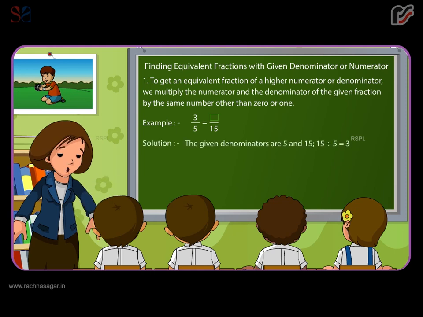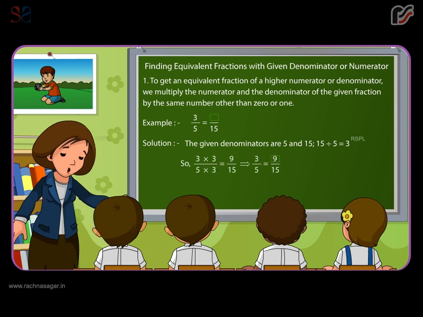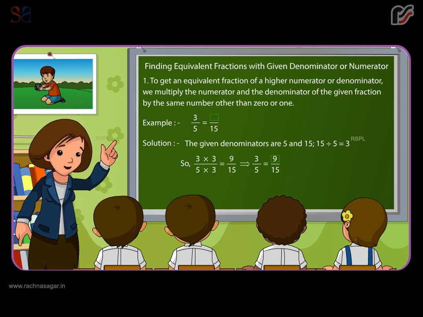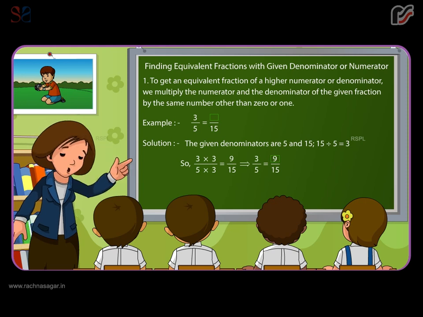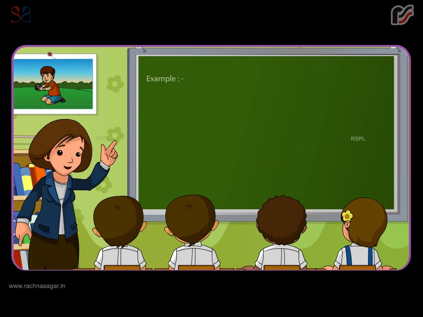The given denominators are 5 and 15. 15 divided by 5 is equal to 3. So, 3 multiplied by 3 upon 5 multiplied by 3 is equal to 9 upon 15. This implies 3 upon 5 is equal to 9 upon 15.